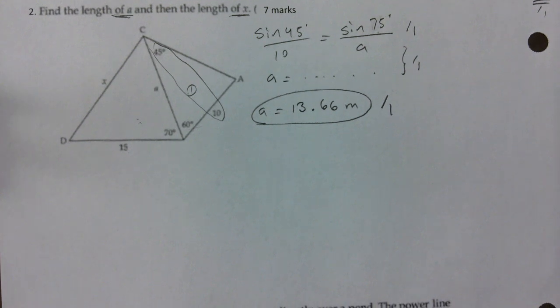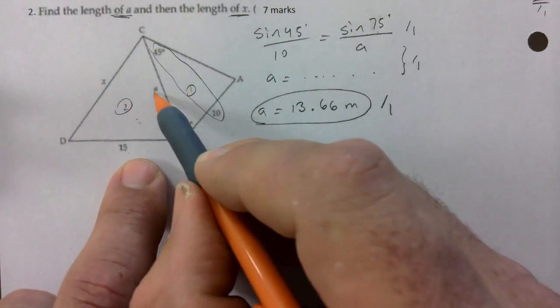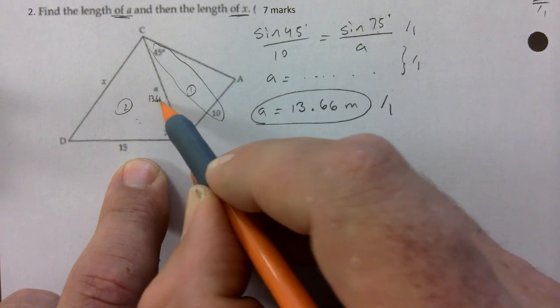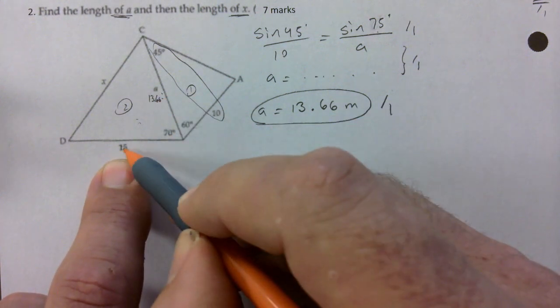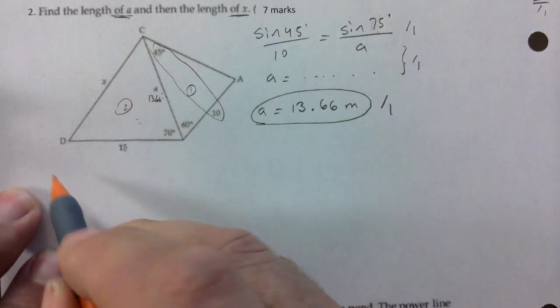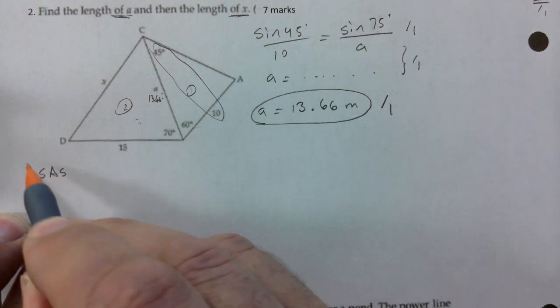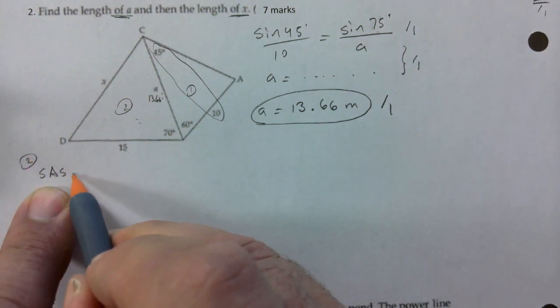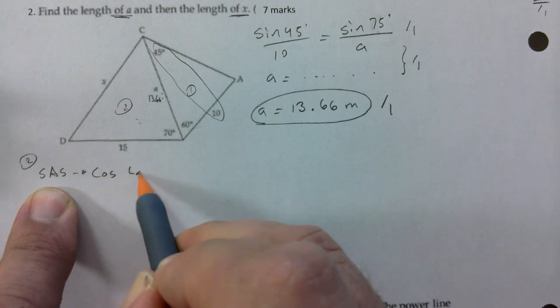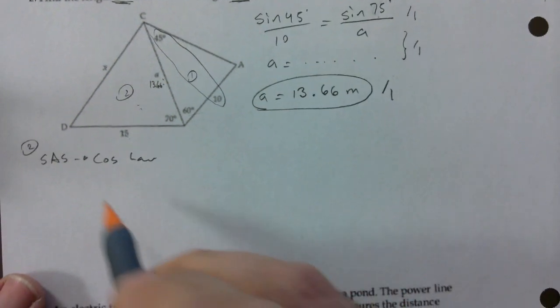Now we shift over to that second triangle here. We know that this is 13.66, so it's side angle side to find that one. On the second triangle, it's side angle side, so cosine. That's the only way to tackle that one.